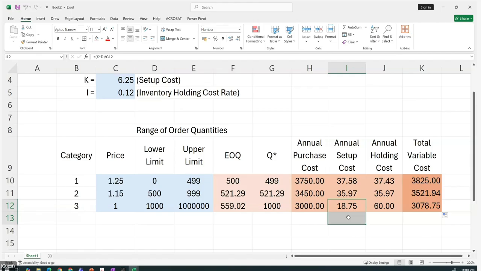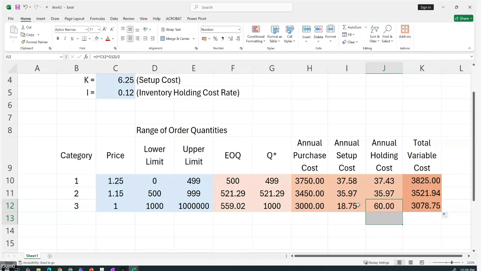And so the overall setup cost has come down. However, look at the holding cost. The holding cost is significantly high because on an average, we are holding a very large volume.